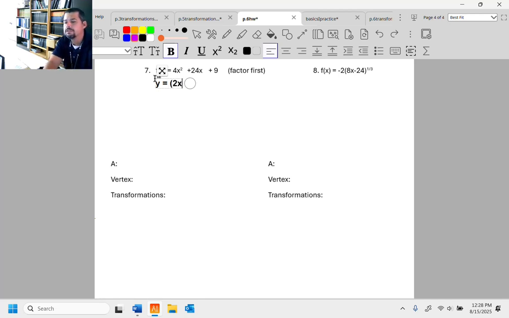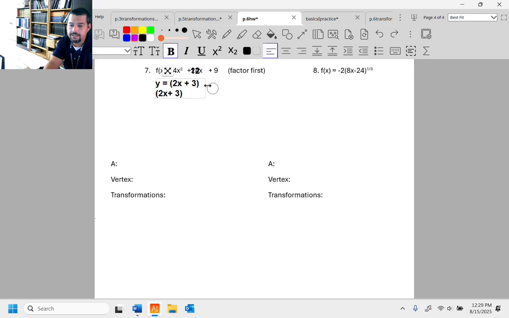But to create a 4x squared, it takes a, and there's a typo. Ooh. Glad I caught that. Maybe I can fix this by the time I make homework sheets. That needs to be a 12x. To create a 4x squared, you need a 2x and a 2x.